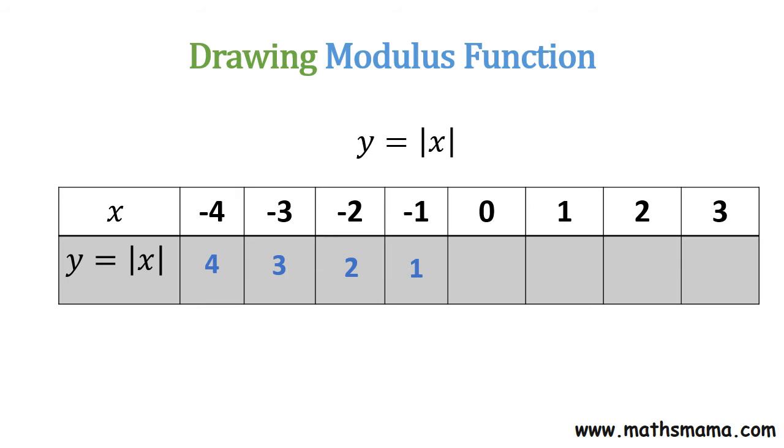And all these positive values 0, 1, 2, 3, those do not change because there is no effect for the positive values. Now we have completed the table. Let's move on to plotting all these points on the graph.